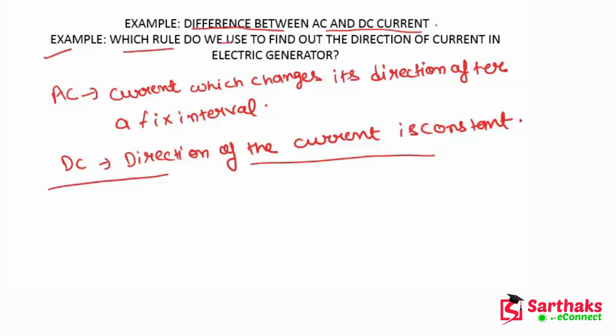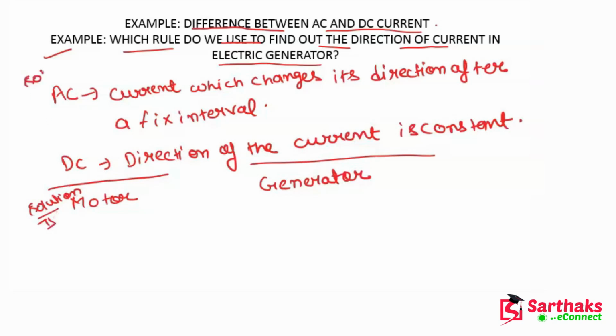Now let's talk about the second example. Which rule do we use to find out the direction of current in an electrical generator? This is very simple. We know that in motor and in generator different rules are applied. This is the solution of the second example and this is the solution of the first example.